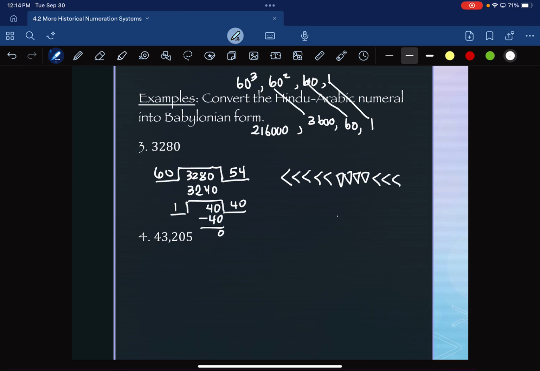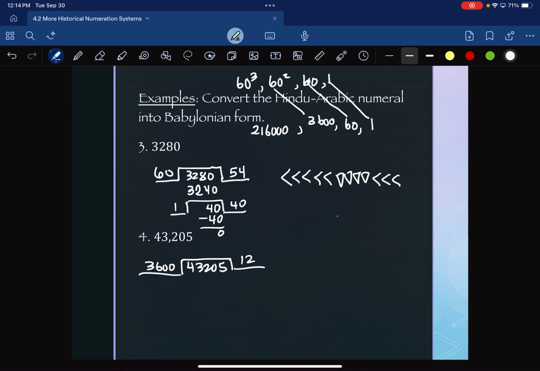Okay, let me run through number 4 with you, so it'll finish up our Babylonians real quick. This is 43,205. This time it actually will divide by the 3,600, right? So if I do this in the calculator, your calculator is going to tell you a 12 right here.